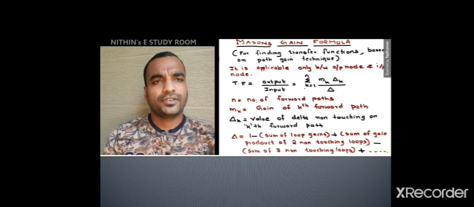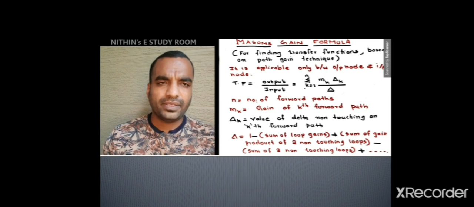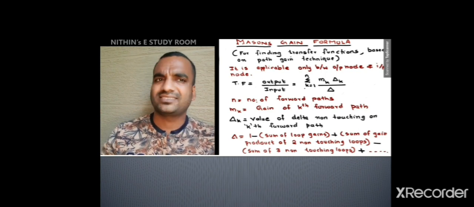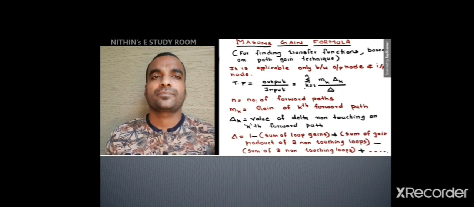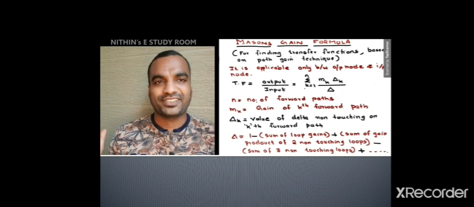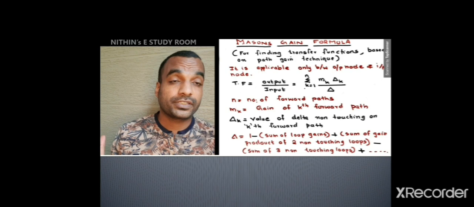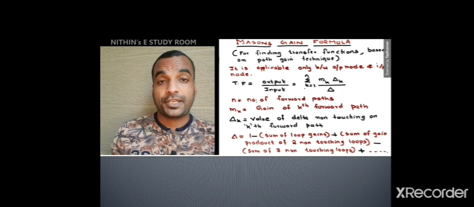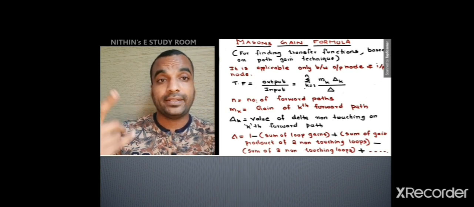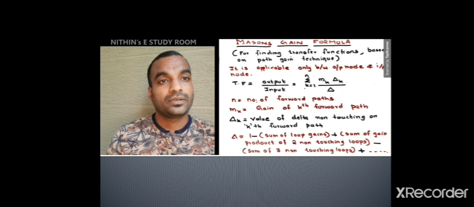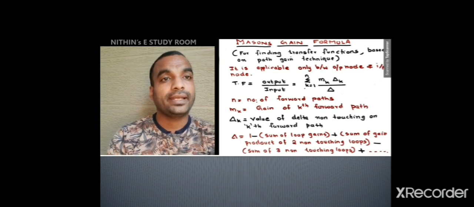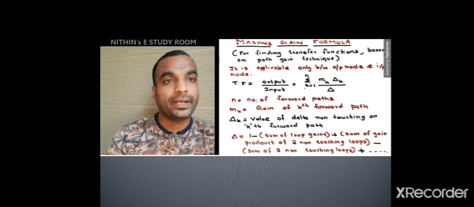First of all, whatever it may be, you don't know what del k is. Now it is perfectly blank for you. So first, just memorize this equation. Transfer function is equal to sigma k is 1 to n, Mk del k by del.